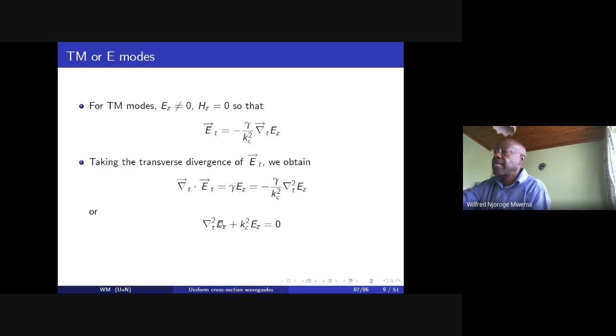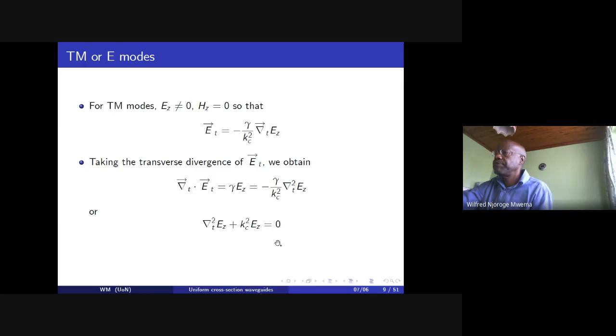In other words, the Laplacian of Ez plus kc squared Ez is equal to 0. So this is a wave equation, or a Helmholtz equation, in terms of Ez in the transverse plane.